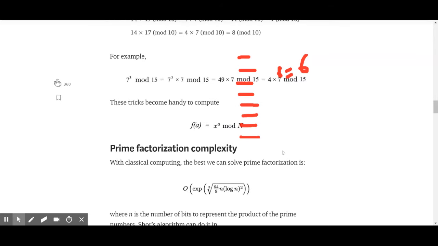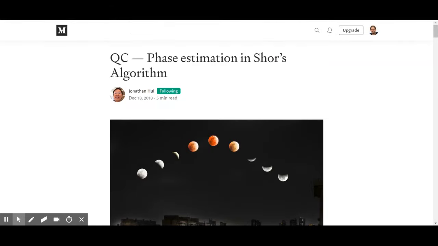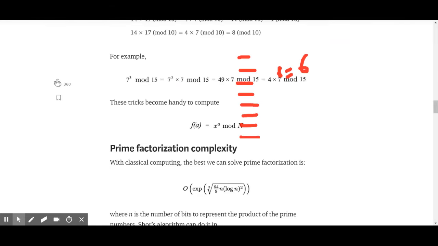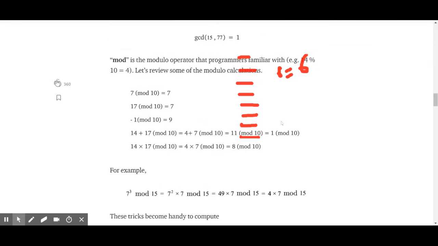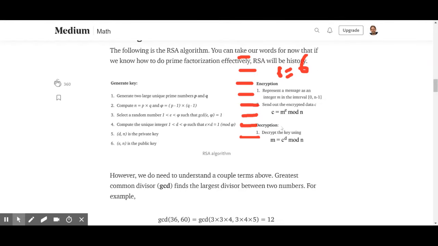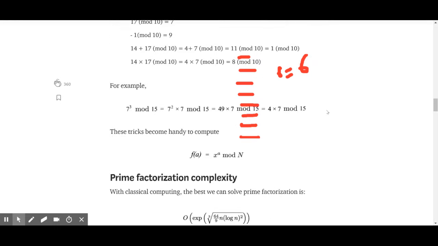Cool. So what I'll do in the next video is I'll go through the phase estimation article, and then maybe I'll recap a little bit the basics here. I'm not feeling super confident that I fully grasped it, but at intuition level, it feels good.